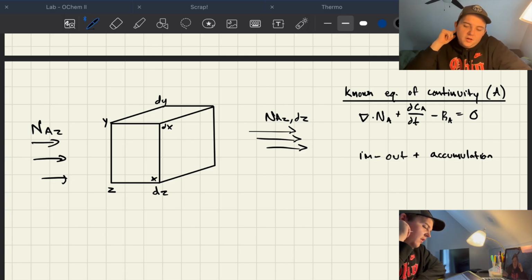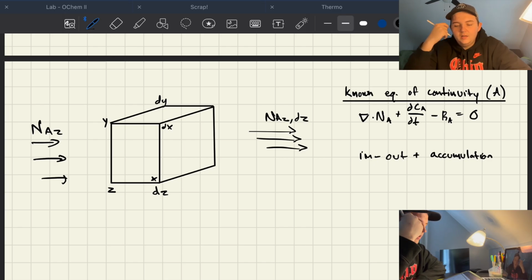I also wrote down the known equation of continuity for A, which is the divergence of N_A plus dC_A over dt minus R_A equals 0. And then I also wrote in minus out plus accumulation.